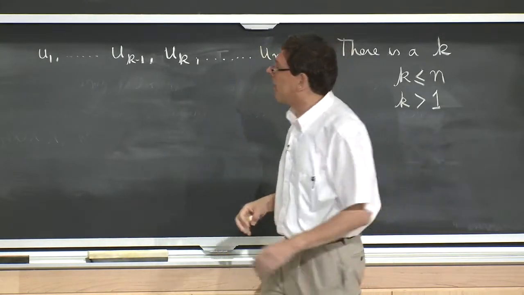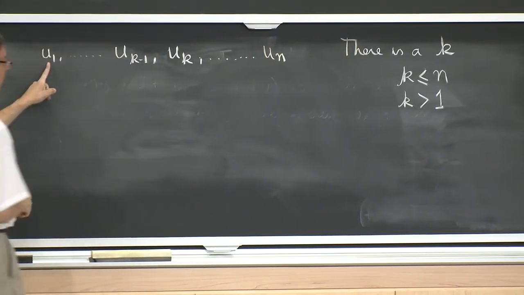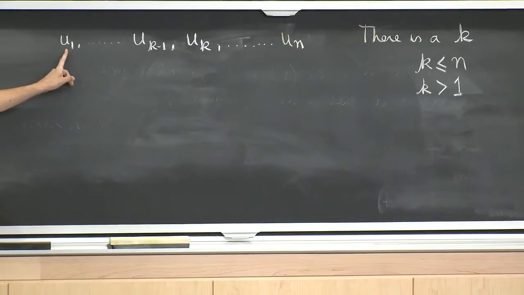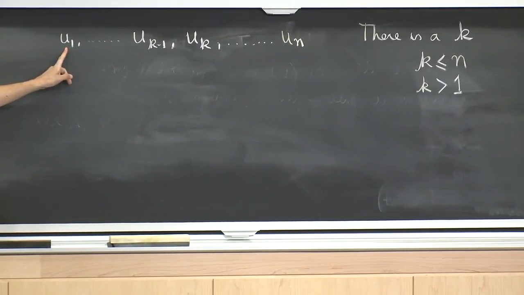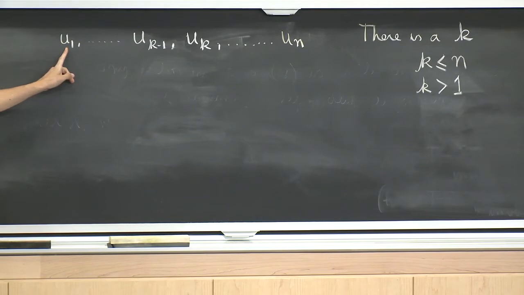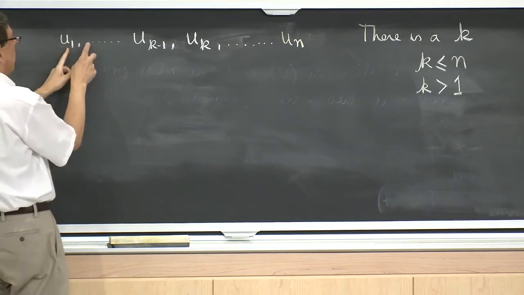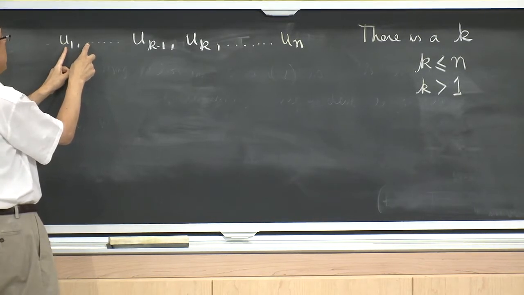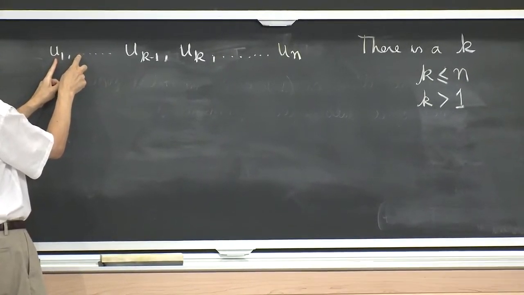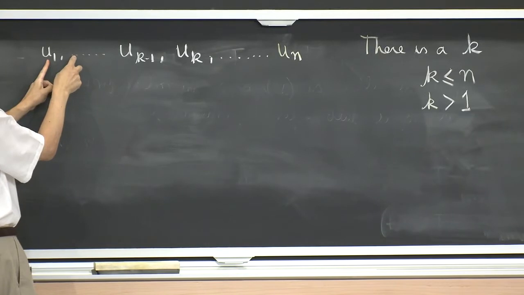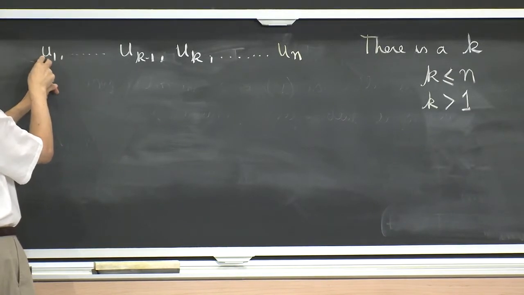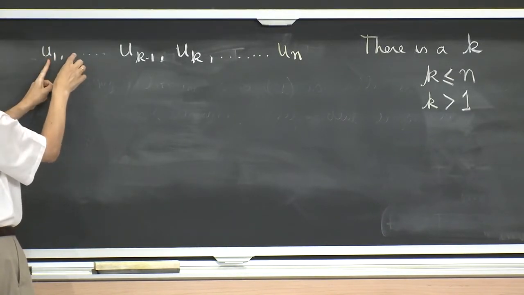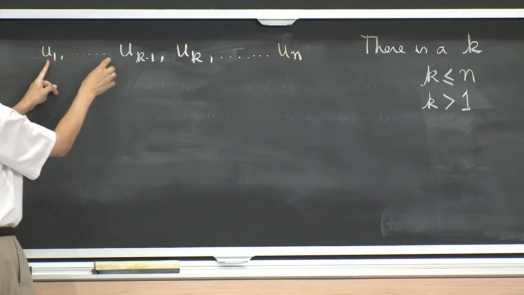So look what happens. You look at the first vector alone, and you say, is it linearly independent by itself? Sure it is. It's a non-zero vector. The second one, then you look, is it linearly independent? Well, you don't know. Maybe it already fails. That is, the second vector could be a multiple of the first, and then you're done. But suppose that doesn't happen. You go to the third, the fourth, the fifth.